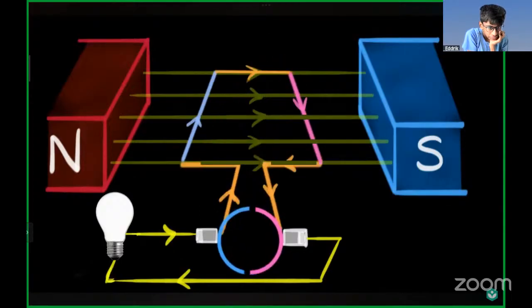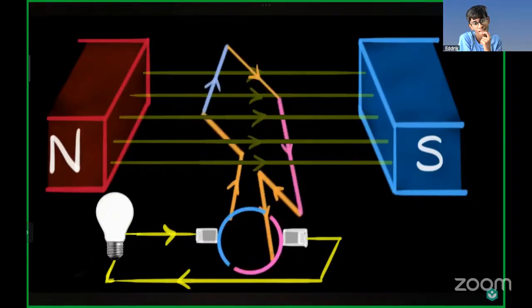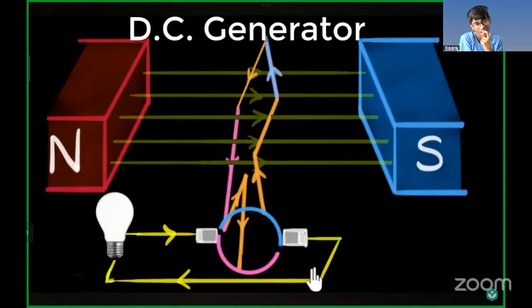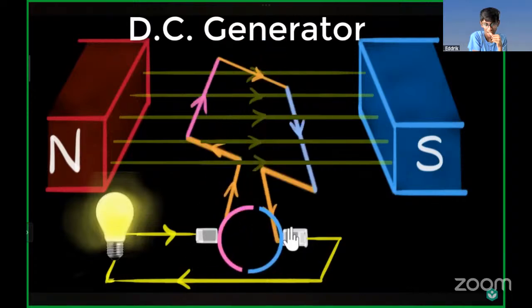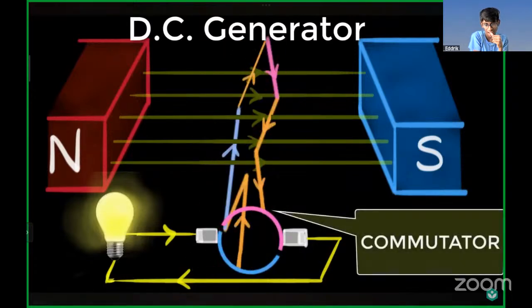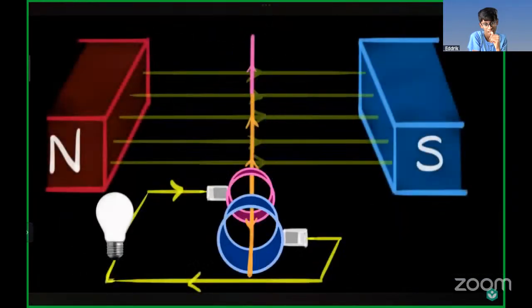Again, as the coil finishes another half a rotation, it has changed contact and is now in contact with the pink side. This way, we have built our DC generator, where the current only flows in one direction through any external circuit. This arrangement, which helps us automatically change contacts, we call commutators. So split rings act like commutators.